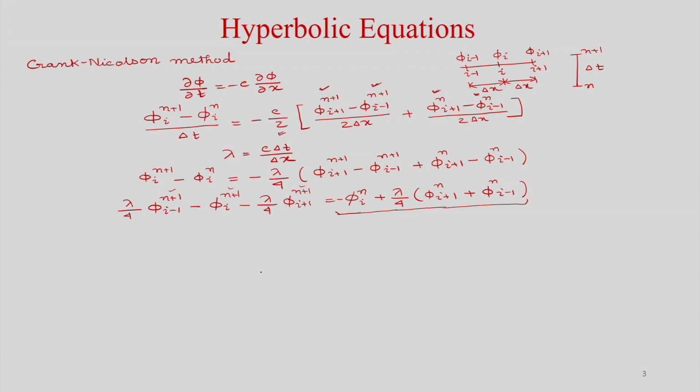And what is the order of accuracy? The order of accuracy, obviously, is delta t square and delta x square. So, it is second order accurate in time as well as in space. The order of accuracy is order of delta t square and delta x square.